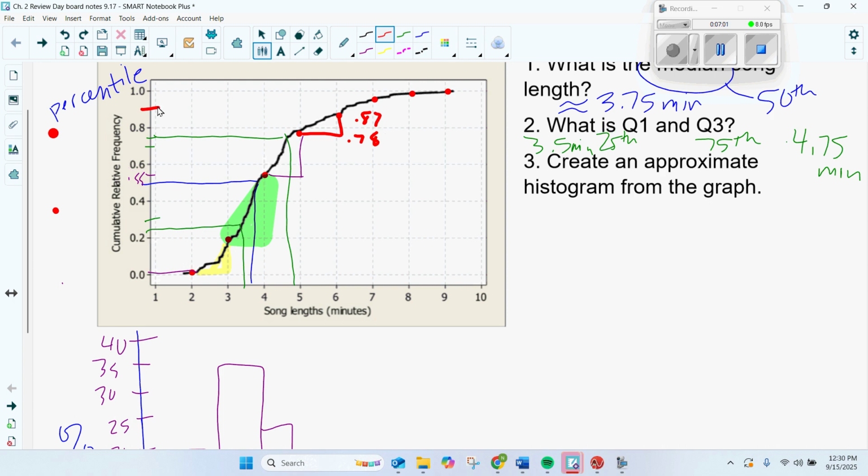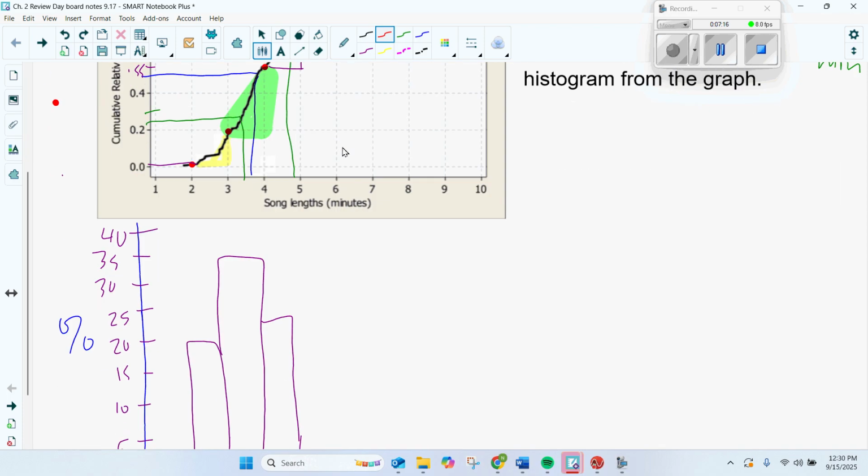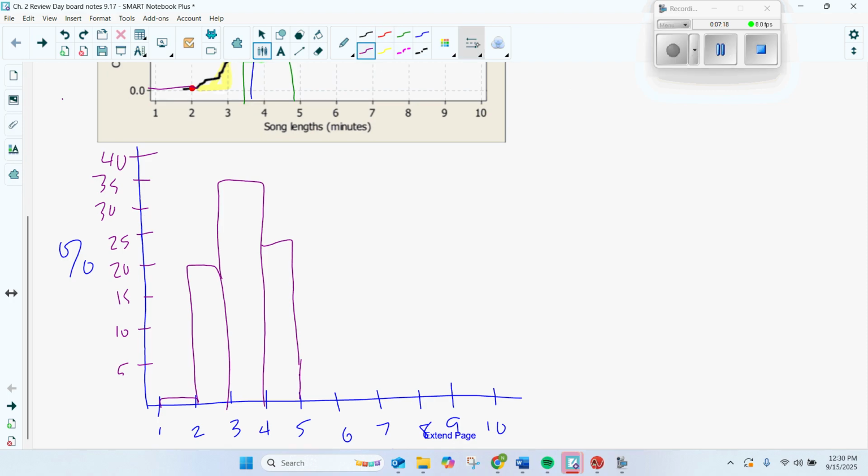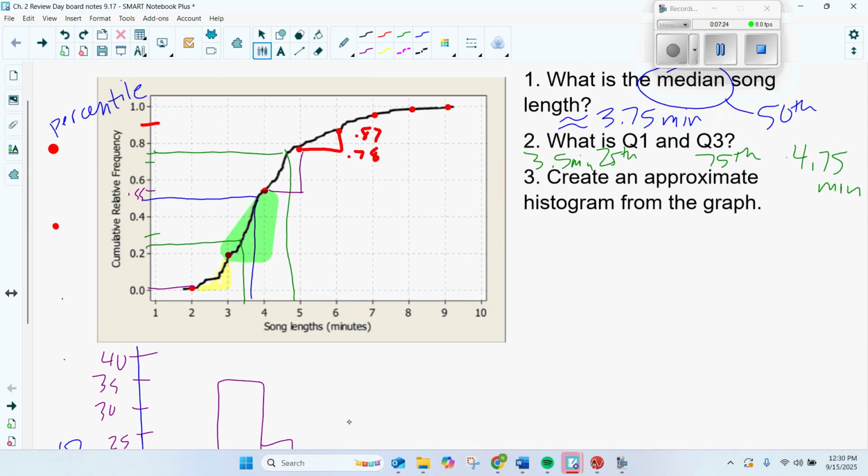Again, I'm really just having to estimate here, but this is probably around 0.78, and this is a little bit less than 0.9, so I'm calling it 0.87. So this is 9 units total from here to here, this red part. So my bar is going to be 9 tall.